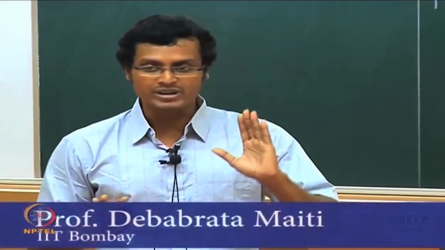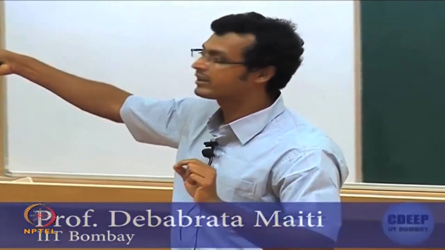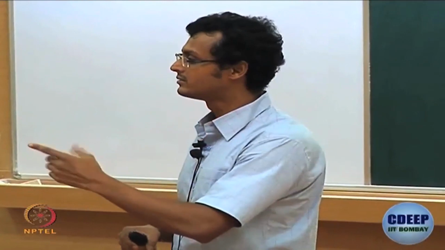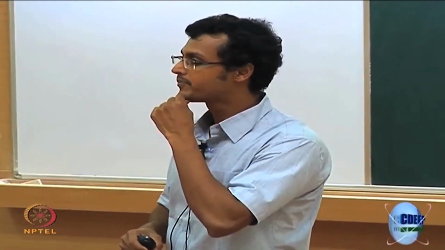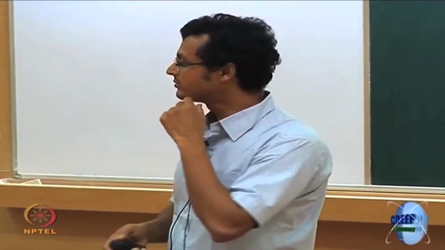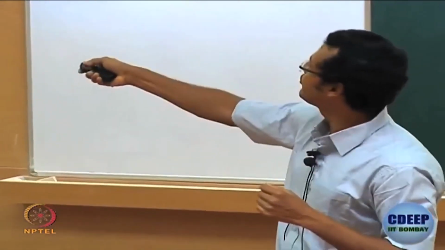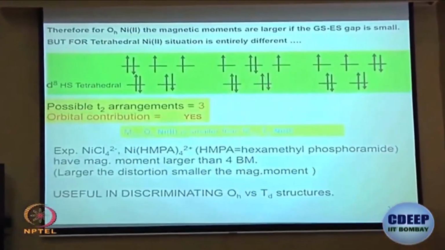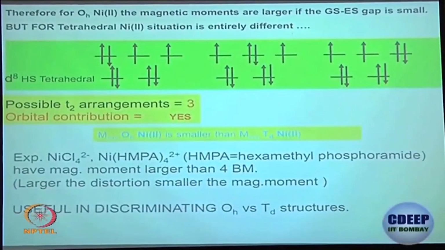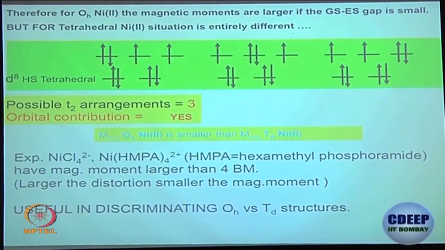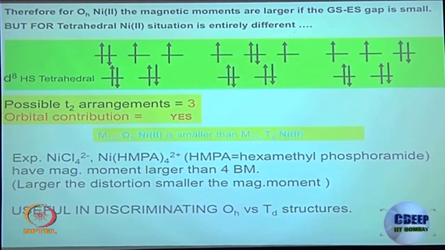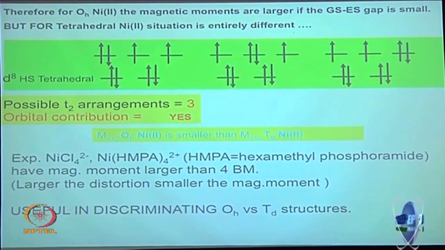Now nickel 2+ octahedral electronic configuration is given. Nickel 2+ tetrahedral electronic configuration is e4 t2 4, right? Now the question simply is, which one will have higher orbital or higher magnetic moment value?